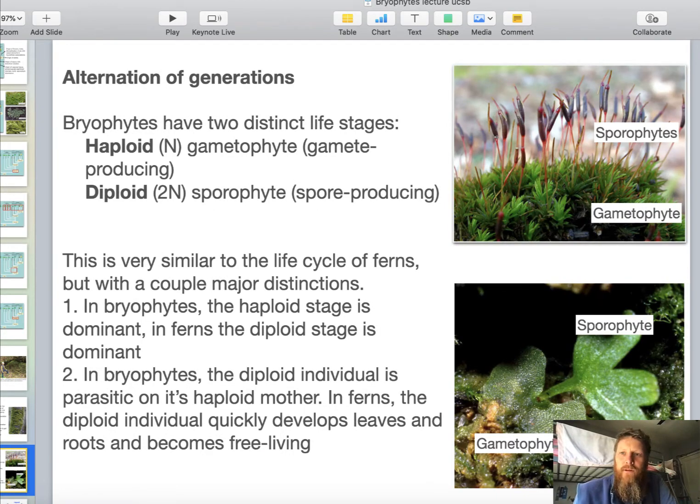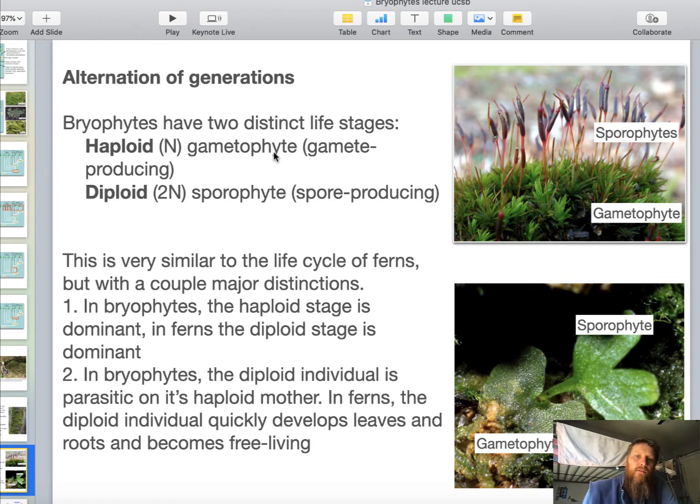So we're going to shift gears into the life cycle. All plants undergo something called alternation of generations. You basically have a haploid, so that has a single complement of the genome, haploid gametophyte, that means a gamete-producing plant.